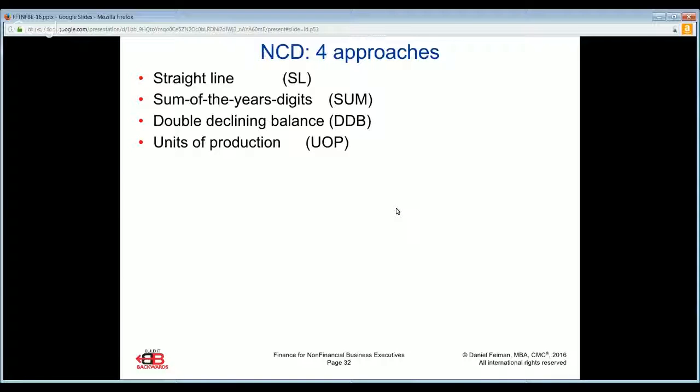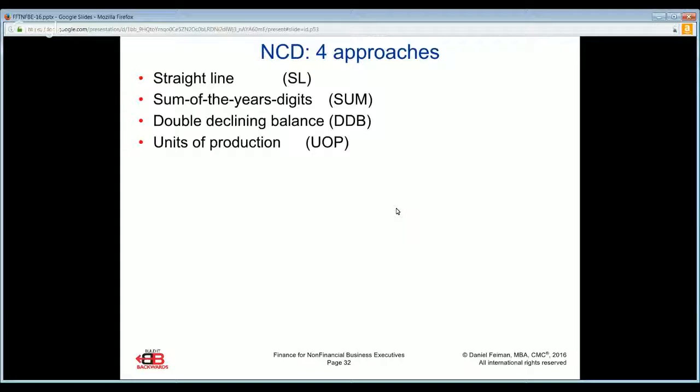We never take more than 100% of what we invest in the asset. So if we're going to use sum of the year's digits, that means we're going to take more depreciation at the beginning than we would in a straight line. But as we approach the end, each year will take less. And in the later years, we'll take significantly less than the equivalent straight line 10,000.